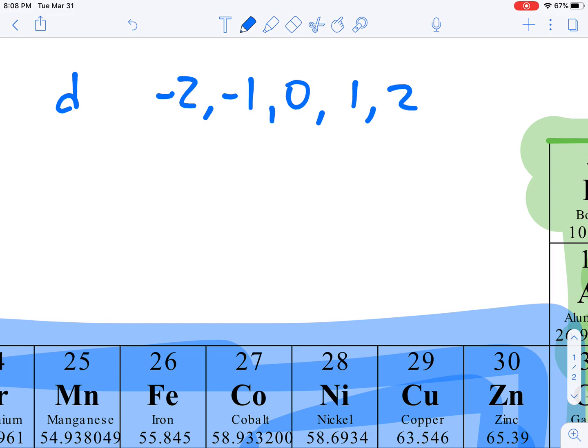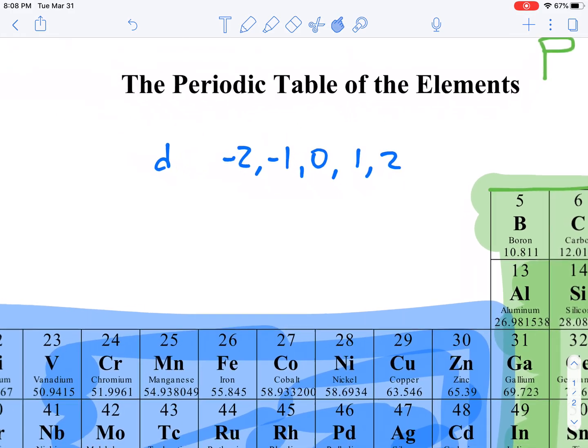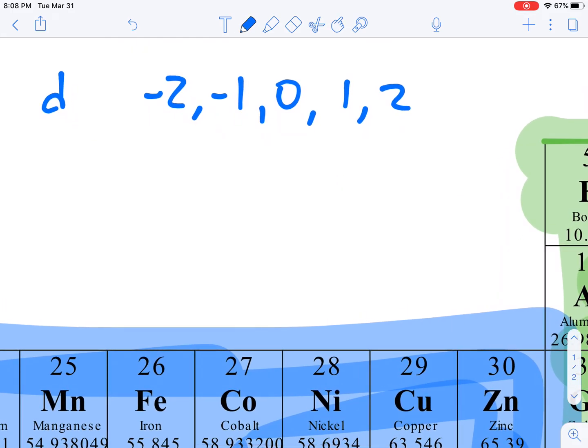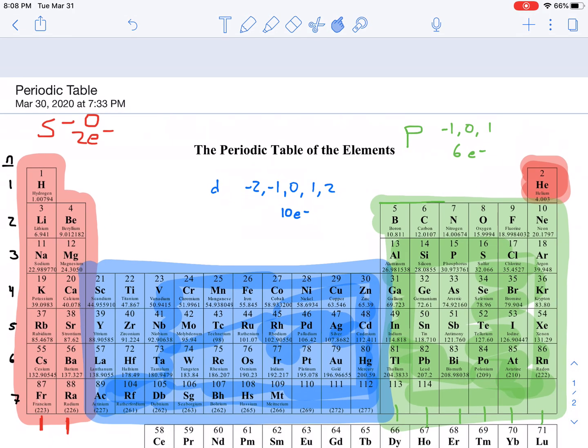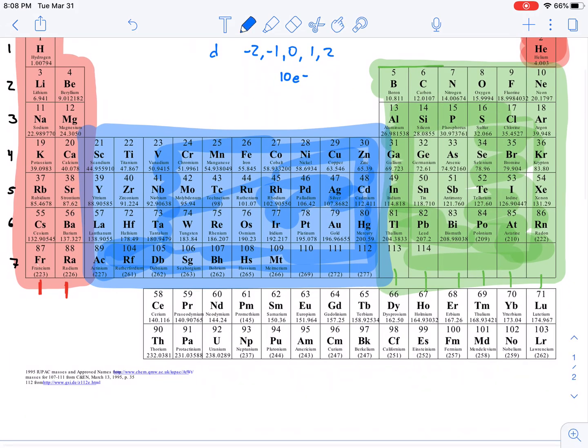If you need to refresh your memory with the orbitals or the quantum numbers note guides, feel free, but you should remember those 5 numbers, which means if we have 5 orbitals, 2 electrons apiece, we can hold 10 electrons. And check it out. How many columns do you have? Well, you have 1, 2, 3, 4, 5, 6, 7, 8, 9, 10.